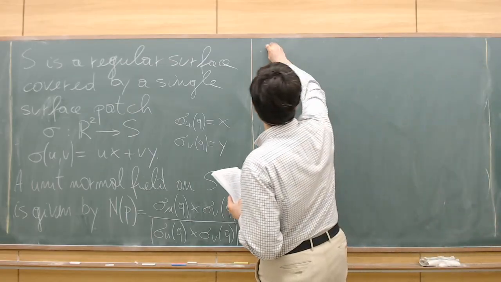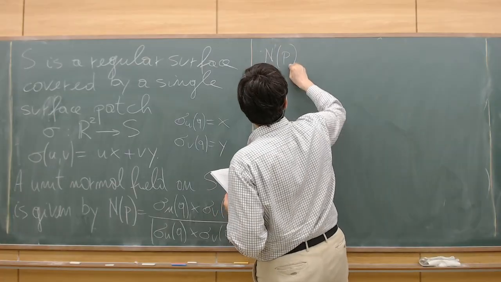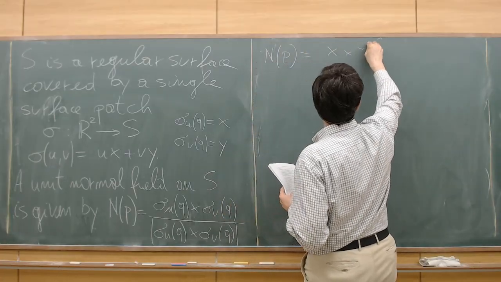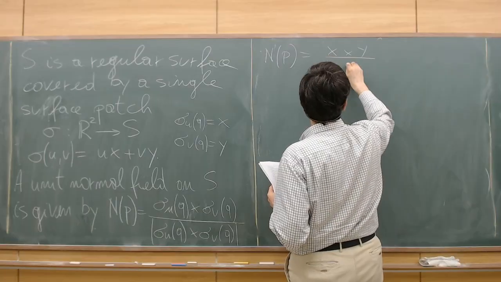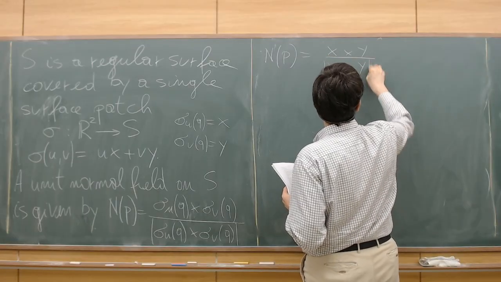So we get that n of p is x cross y divided by the length of x cross y.